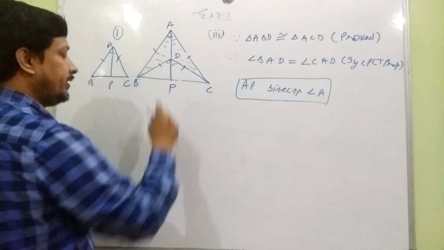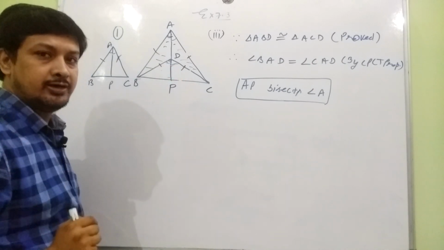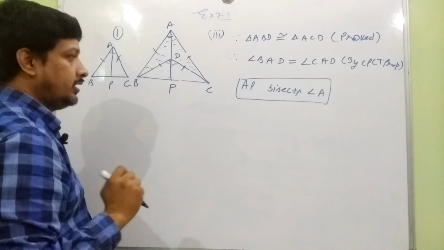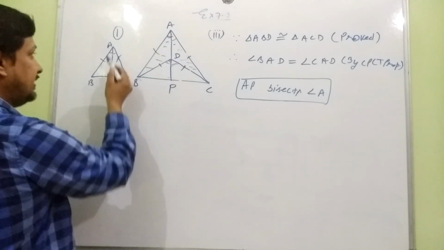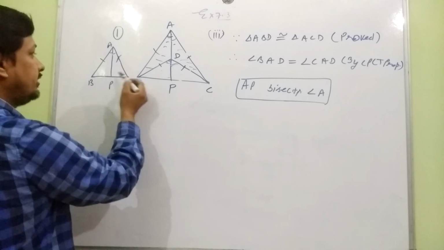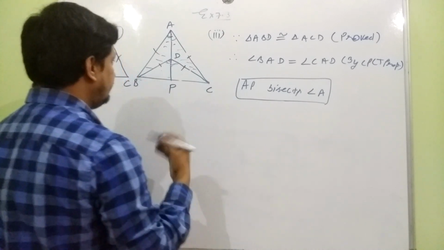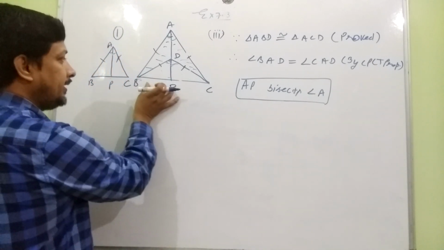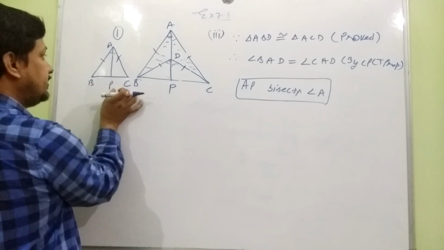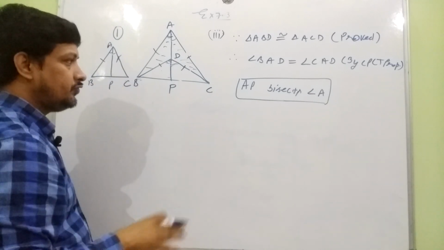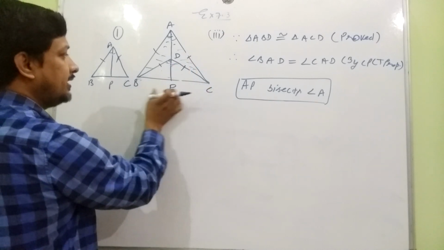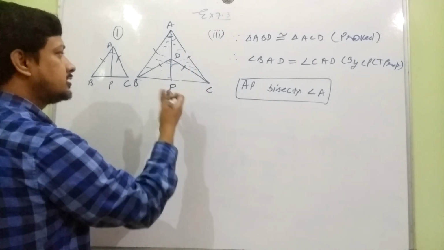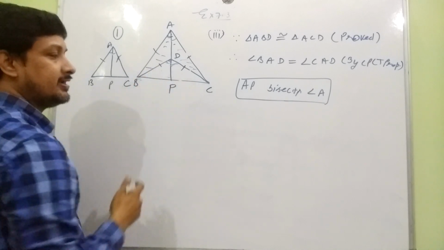DP equal to DP, common, but we don't know the third thing. Okay, but in second part we have proved triangle ABP is congruent to APC. So by that we can say BP equal to PC by CPCT, which we can use here in these two triangles, because BP and PC are also the sides of the same triangles.